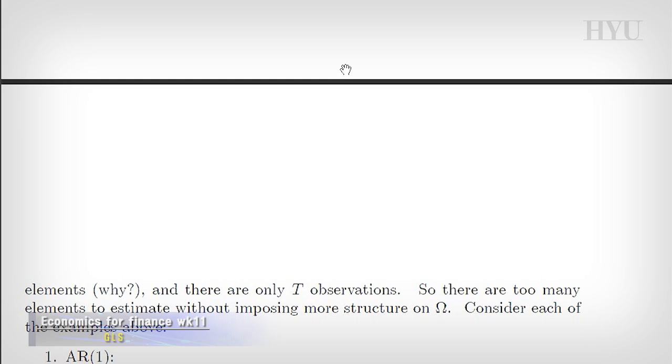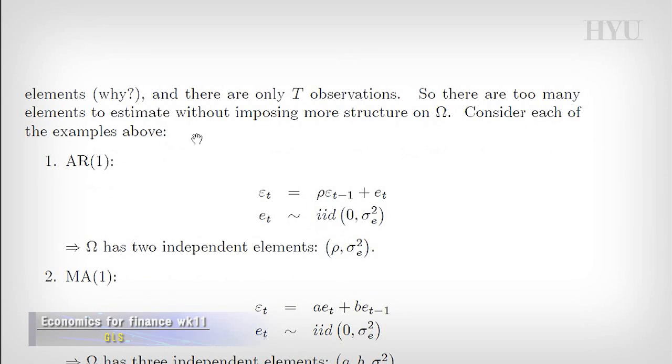But if we take into account a general covariance matrix omega, we have T(T+1)/2 unknowns. So basically, we have only T observations, and we have too many unknowns. Without imposing some restriction on the omega matrix, we cannot estimate omega.